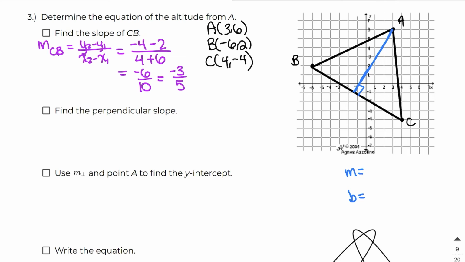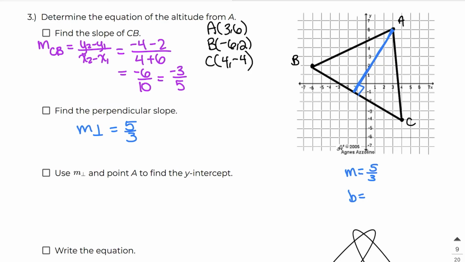So I know that the slope of this segment is -3 over 5, and I know that the slope of the altitude that I'm trying to find is the negative reciprocal of -3 over 5. So here, step 2 says to find the perpendicular slope. We can say that m perpendicular is +5 over 3.